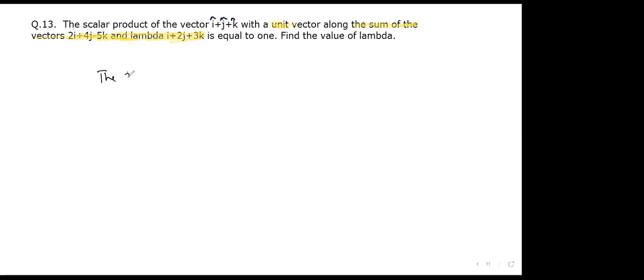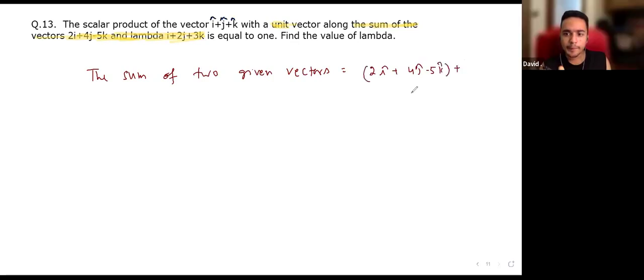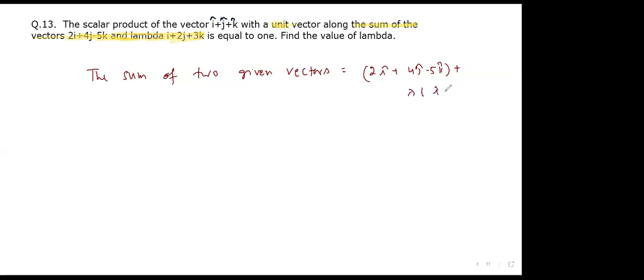The sum of the two given vectors equals 2i cap plus 4j cap minus 5k cap plus lambda times i cap plus 2j cap plus 3k cap.